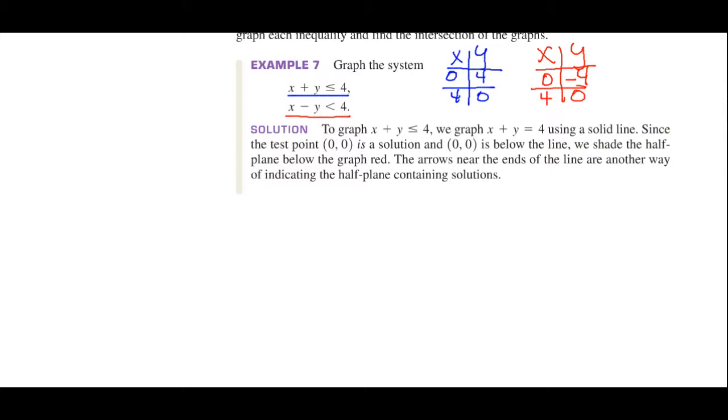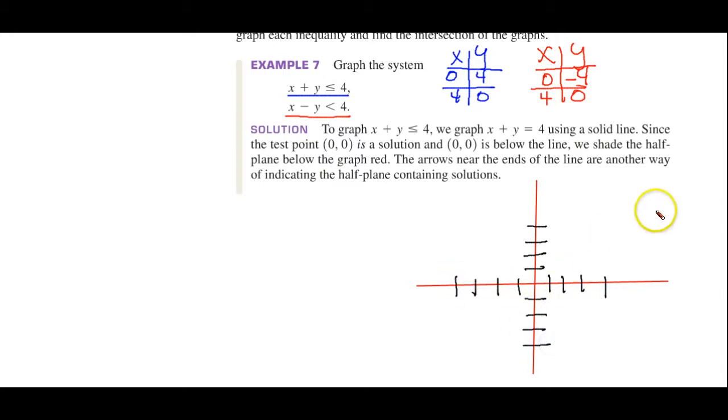So we're now going to graph. So I need 4. Let's see. 1, 2, 3, 4. 1, 2, 3, 4.